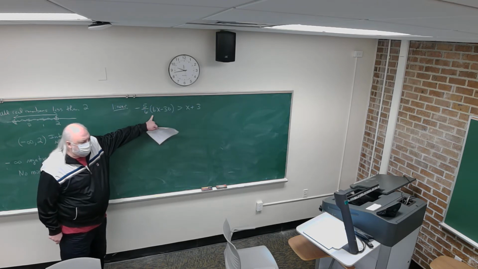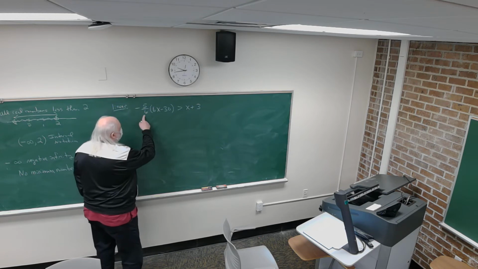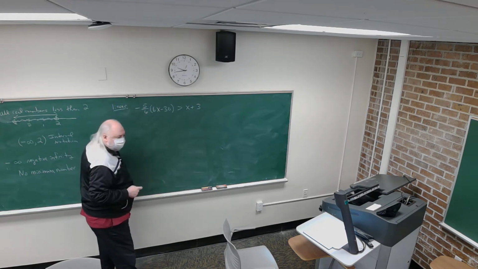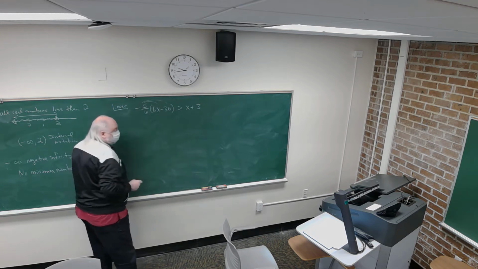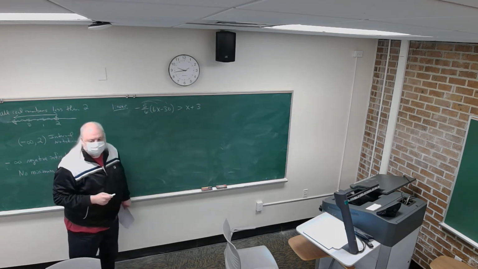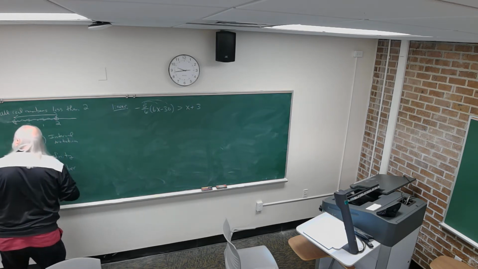Okay, so you would distribute minus 5/6 inside the parentheses. And remember you've got to multiply both terms by minus 5/6, right? Remember the distributive property.